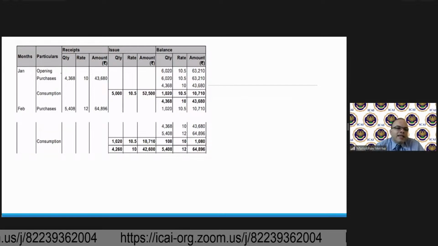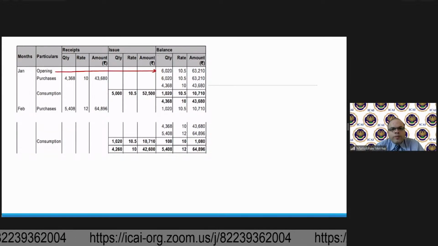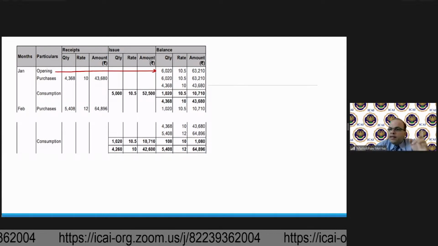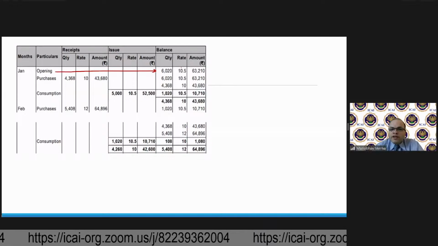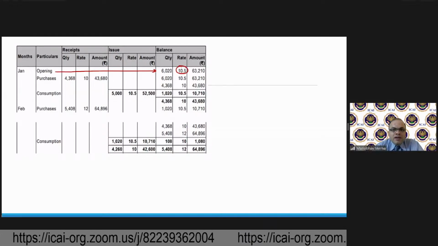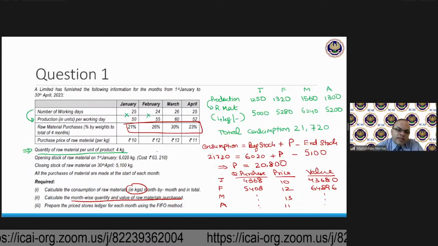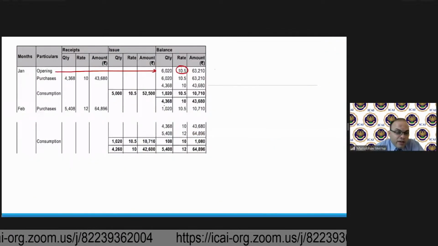In the beginning, in January, we have opening balance here, 6020. You can see a stores ledger which talks about the receipts, issues, and balance. So my beginning balance is 6020, and we have a rate given to us in the question itself. We're talking about 63210 is given. So 63210 divided by 6020 gives us a 10.5.